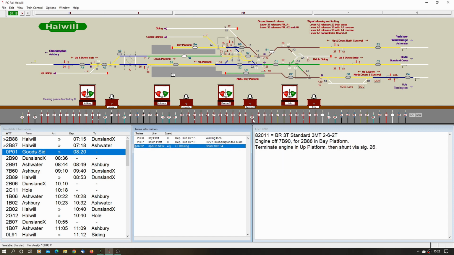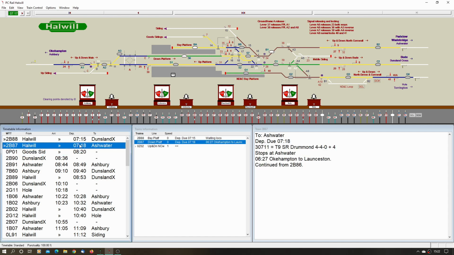Let's put 33 back. I'm going to put all these locks back. It's just easier. 18. Oh, that's all I need for that, isn't it? So relock. Probably an easier way of doing that than 34.